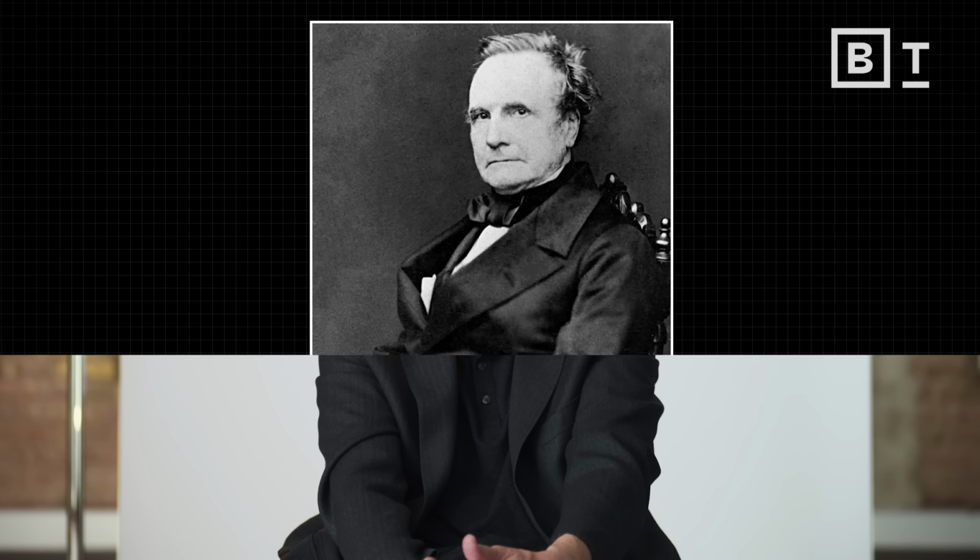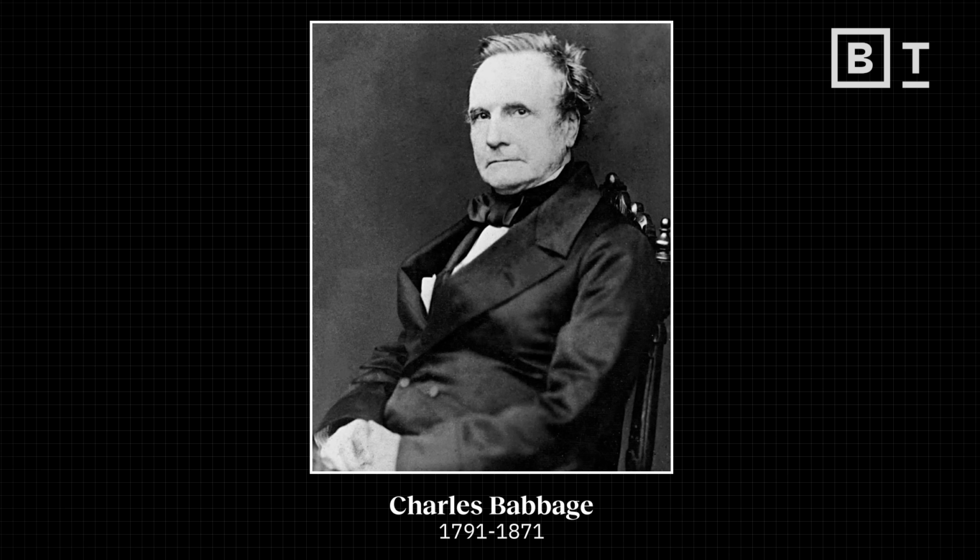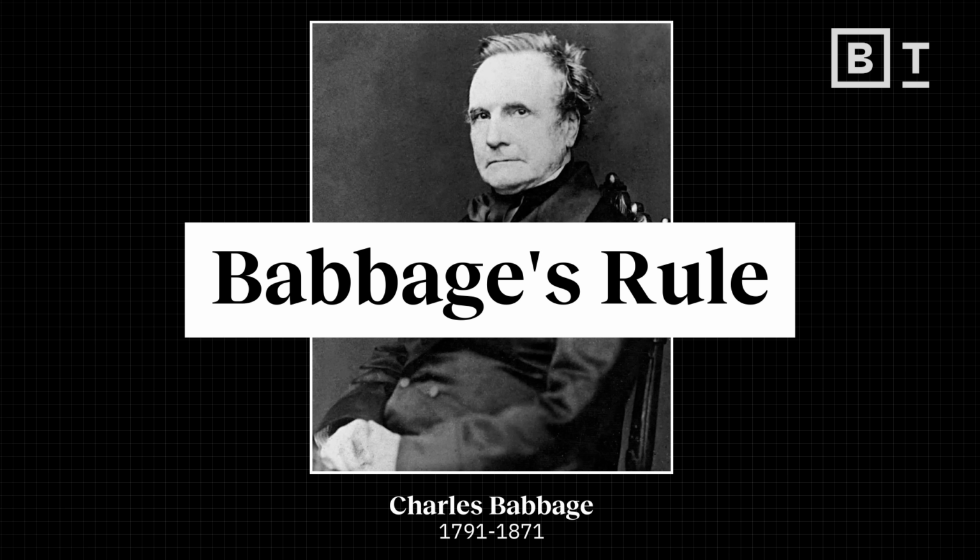To produce those books accurately, you needed a system. You needed a system that allowed you both to do the calculations and then undo them in a way that was different. Because one of the very early pioneers of calculation, Charles Babbage, discovered what he called Babbage's rule, which is two calculations done the same way by different people will tend to make the same errors.